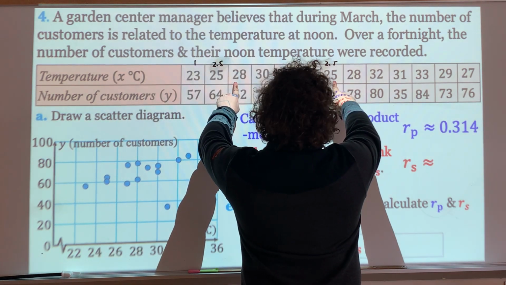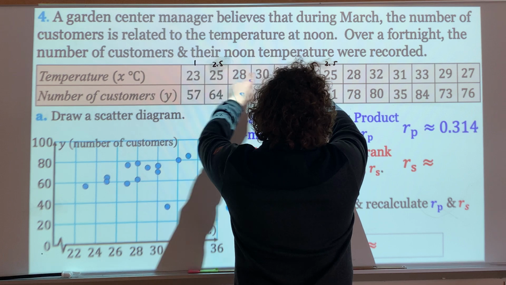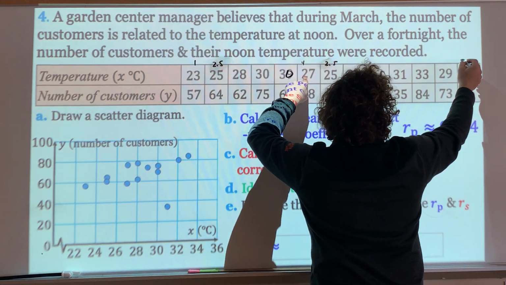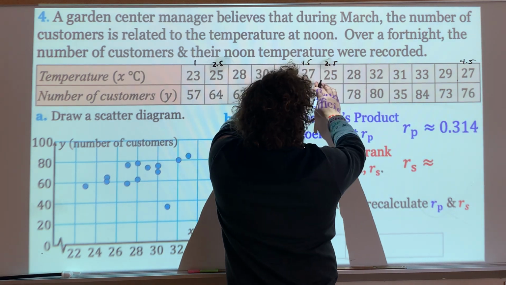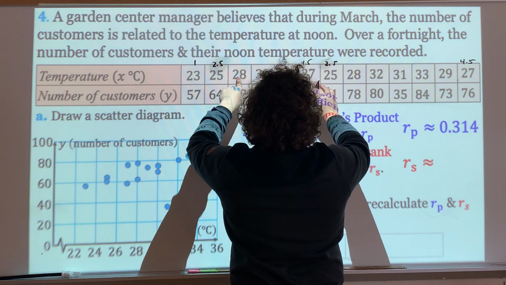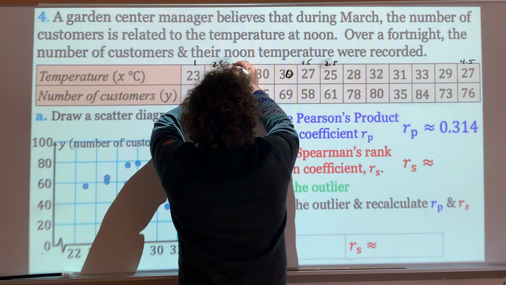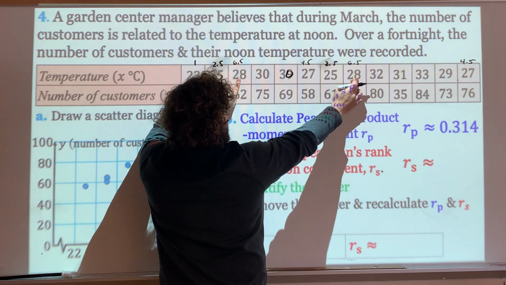After 25 comes 27, which is 4. There are two of them though, so they're 4 and 5, and we'll call them 4.5, 4.5. This is 6 and 7 because there are two of them, so 6.5, 6.5. 6 plus 7 divided by 2 is 6.5.